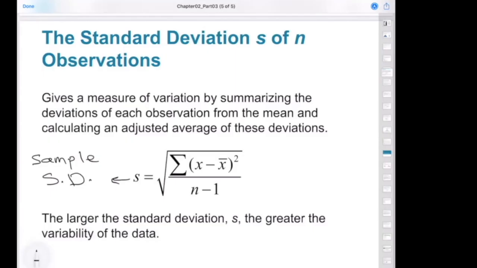The only difference is we calculate it from the sample or calculate it from the population. This equation finds the standard deviation from the sample, so we call it the sample standard deviation. And look, you divide by what? N minus 1.